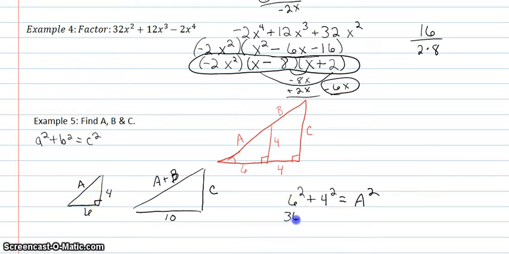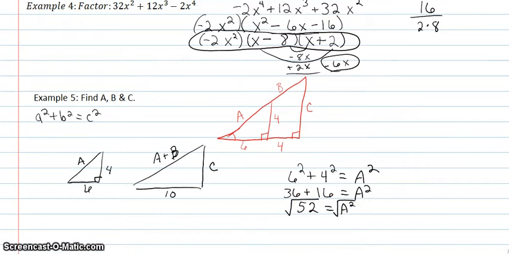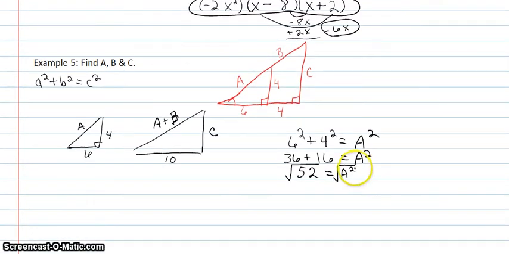So I'll have 36 plus 16 equals a squared. Then I'll add those two together. So I'll have 52 equals a squared, and I'll just take the square root of both sides. So that'll cancel out the square, and that'll be 2 square roots of 13 equals a.